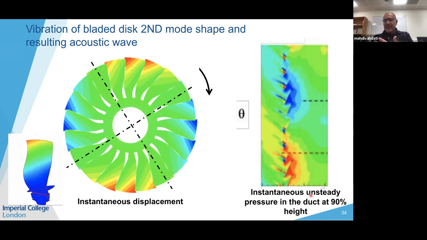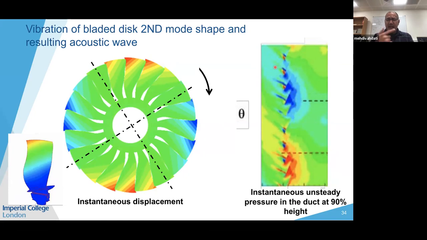Now, if you look at the instantaneous unsteady pressure in the duct at 90% height, we cut around the duct at the 90% height and look at the unsteady pressure that you're creating. You can see this represents that, and this represents that. So the vibration creates a spiral wave which goes down the duct.